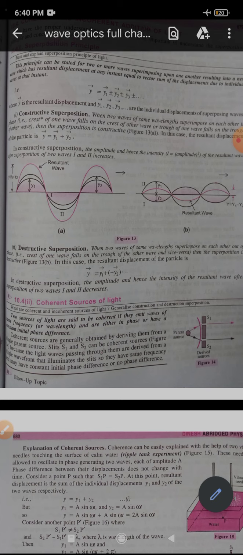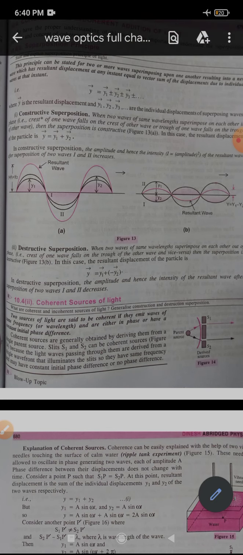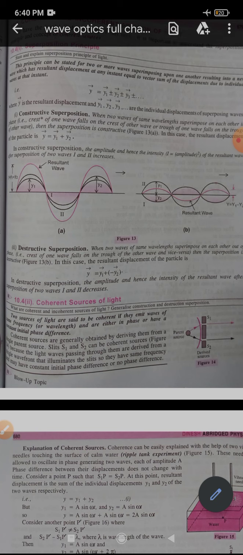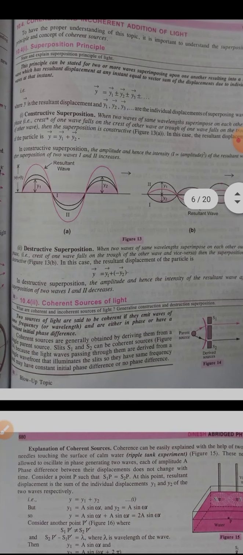So y is equal to y1 plus or minus y2 plus or minus y3, where y is the resultant displacement and y1, y2, y3 are the individual displacements of the superimposing waves. Here we have two types of superposition, constructive superposition and destructive superposition.